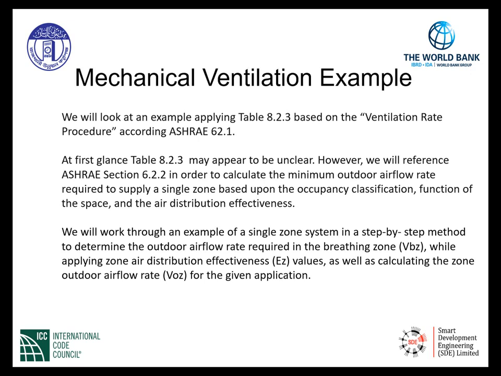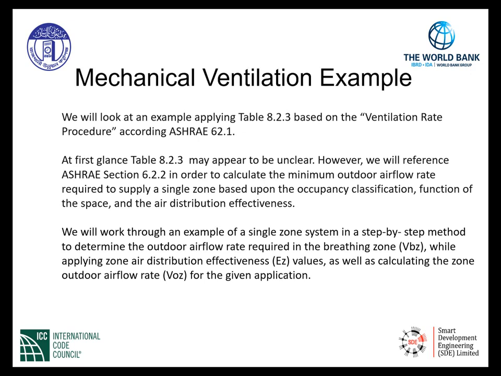However, we will reference ASHRAE 62.1, specifically section 6.2.2, in order to calculate the minimum outdoor airflow rate required to supply a single zone based upon the function of occupancy classification and space air distribution effectiveness as well.